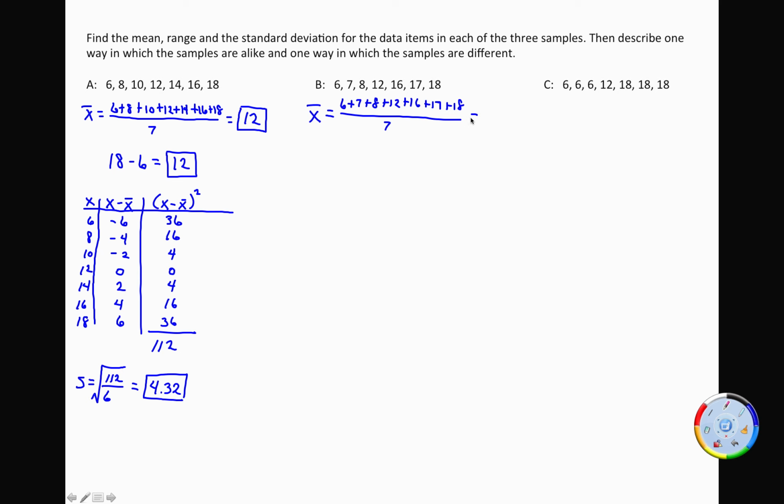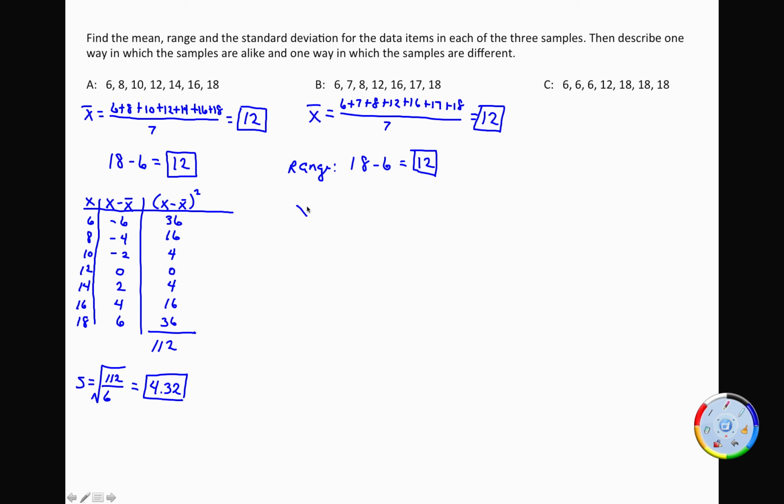And I get a mean of 12. Again. Okay, and the range is 18 minus 6, again, or 12.